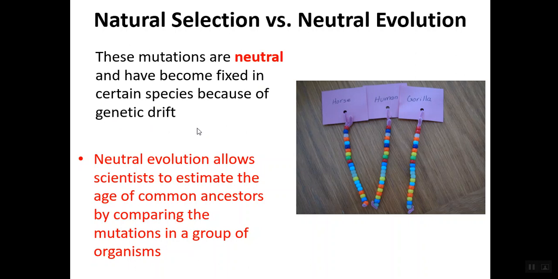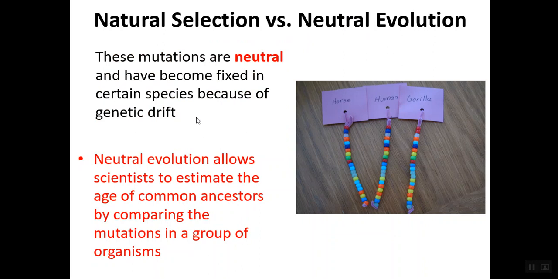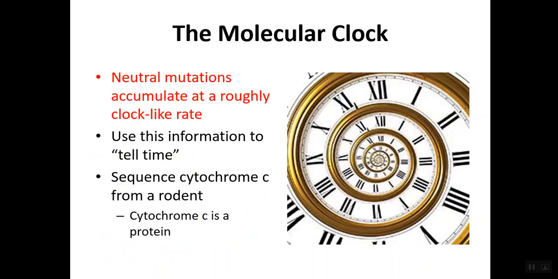But the concept of neutral evolution allows scientists to estimate the age of common ancestry of groups, in other words, when these two groups diverged from one another. Now we can use this knowledge to introduce the concept of the molecular clock.